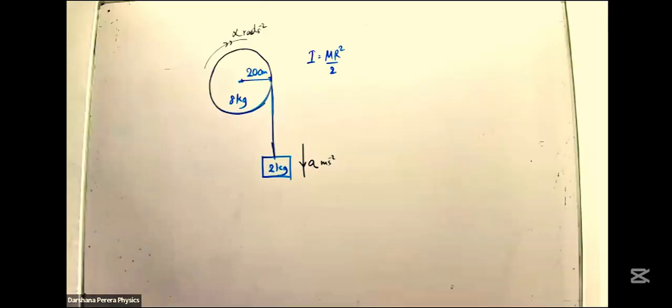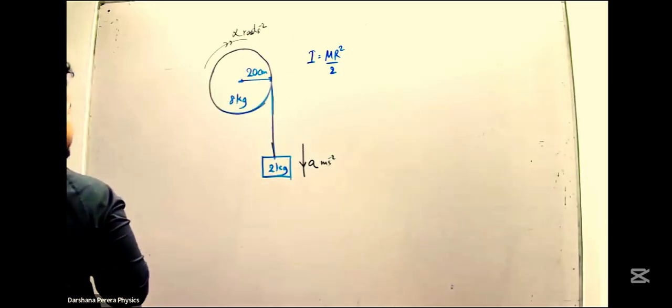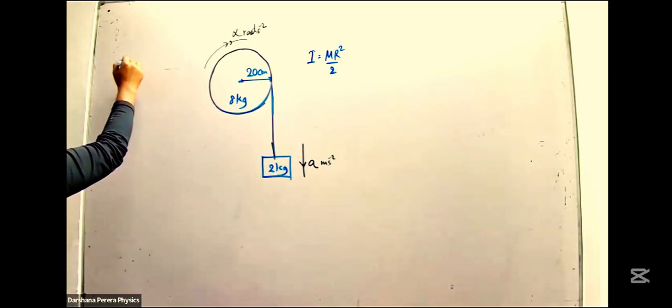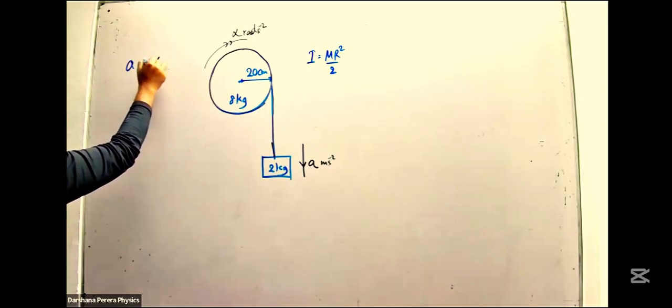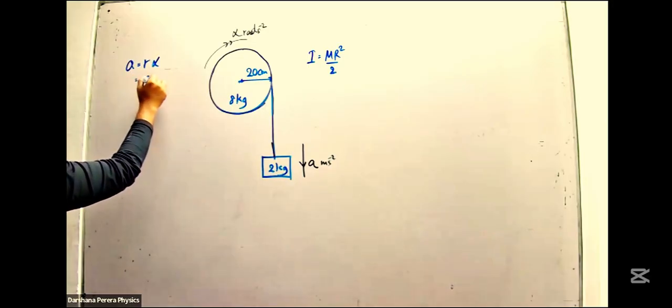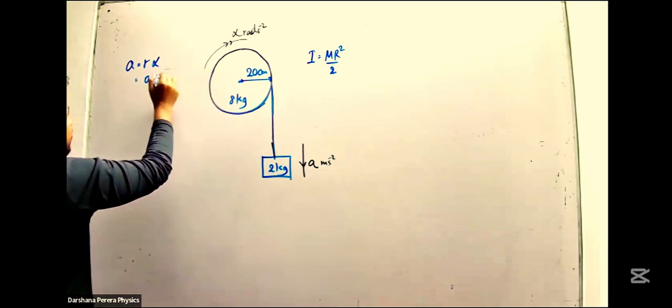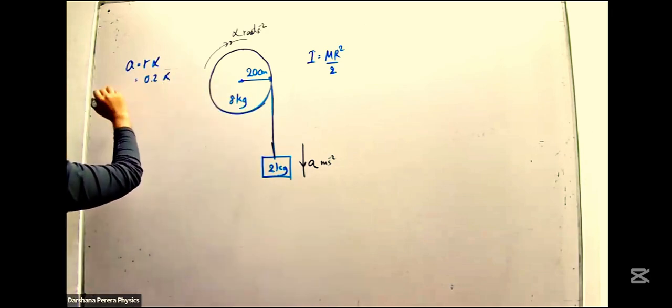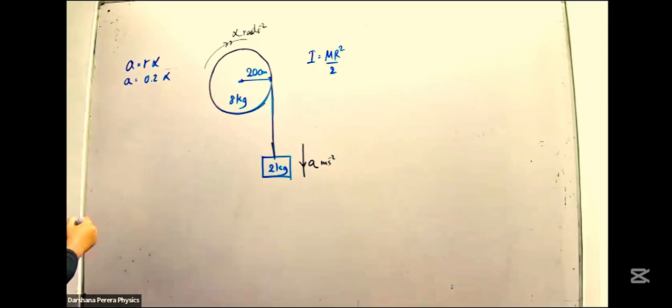First of all, we have to get the relationship between A and alpha. A equals R alpha. We know R equals 0.2 meters. Alpha equals A over R. This is number 1.